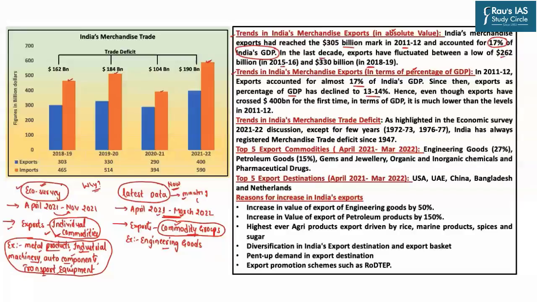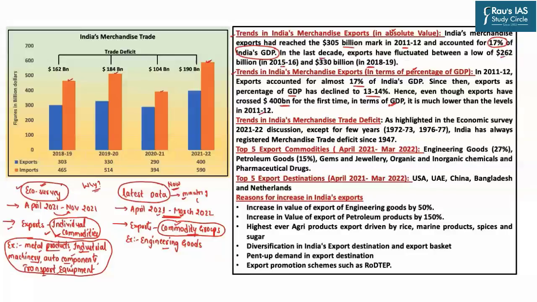So what becomes important from the perspective of a prelims examination is, even though exports in terms of absolute value have crossed 400 billion for the first time, in terms of percentage of GDP, it is much lower than the levels that we had observed in the year 2011-12.